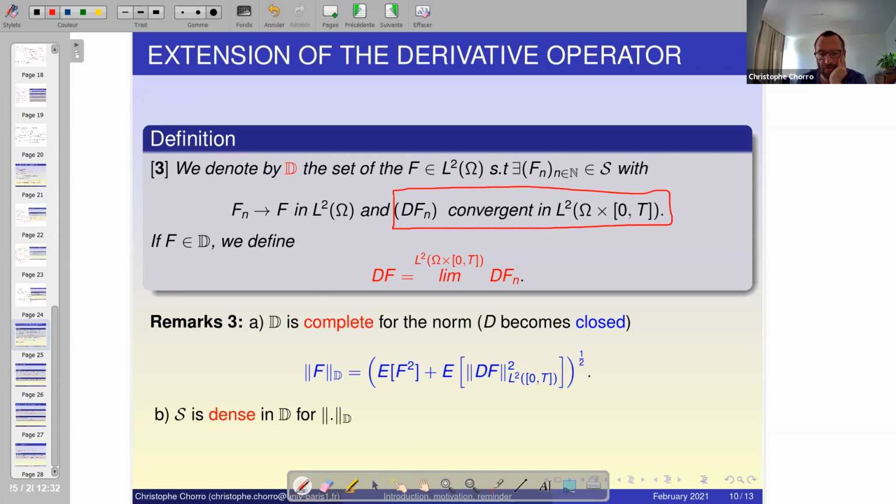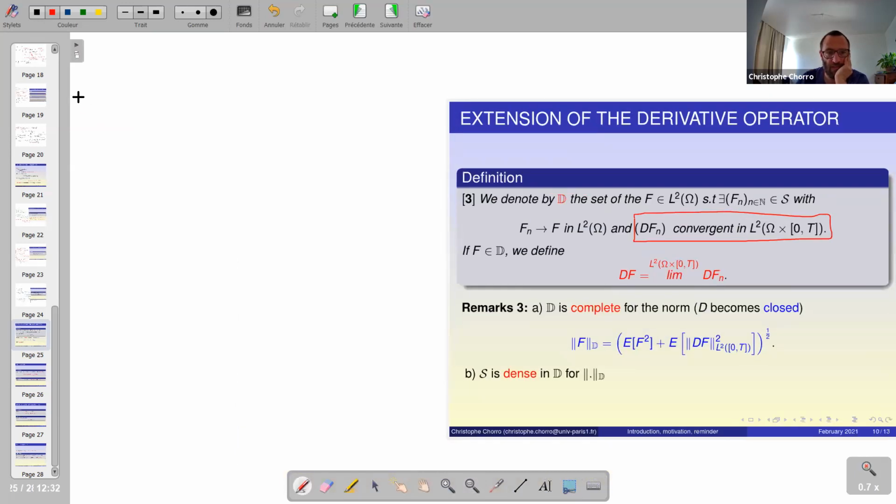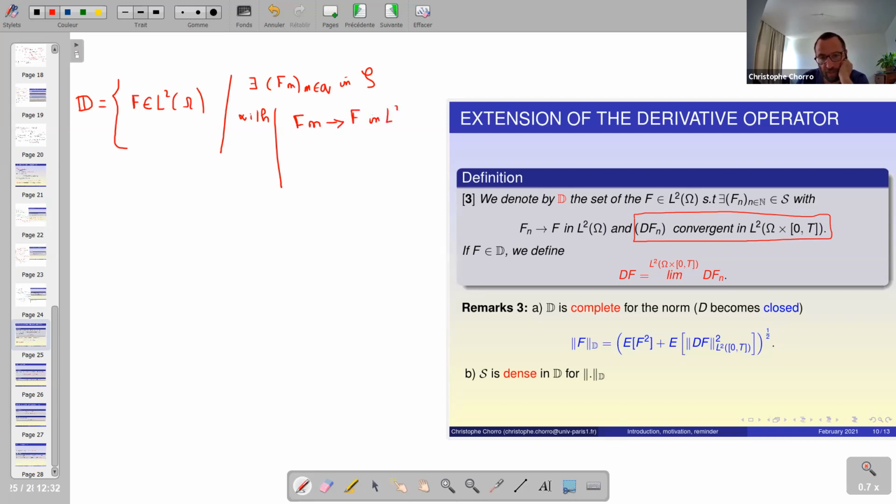So if I want to summarize what I have said here, D, that will be the domain of the derivative operator in the Malliavin sense, is the set of the F belonging to L2 of omega such that there exists Fn in S with two things. Fn converges toward F in L2 of omega.